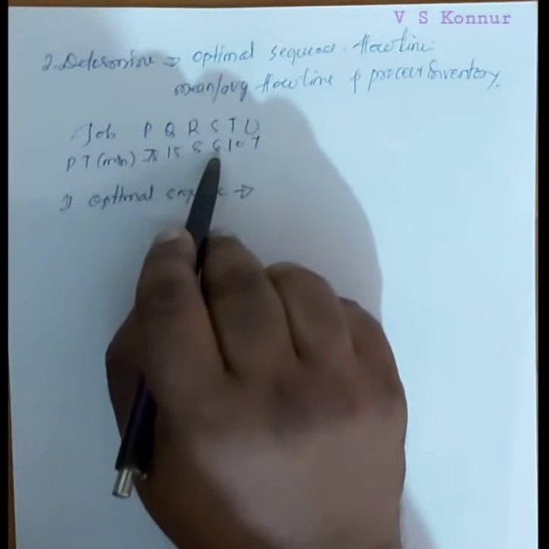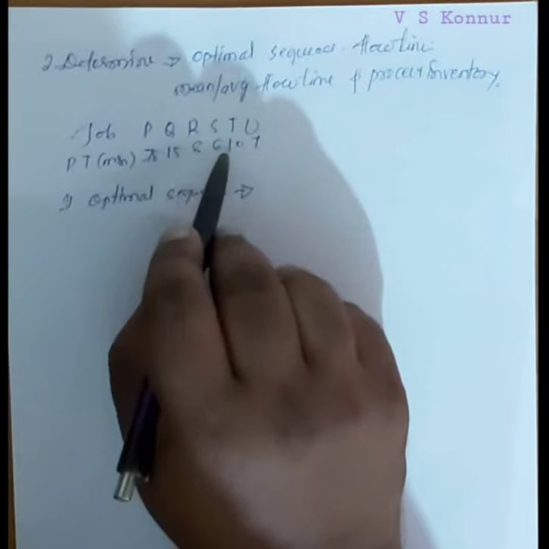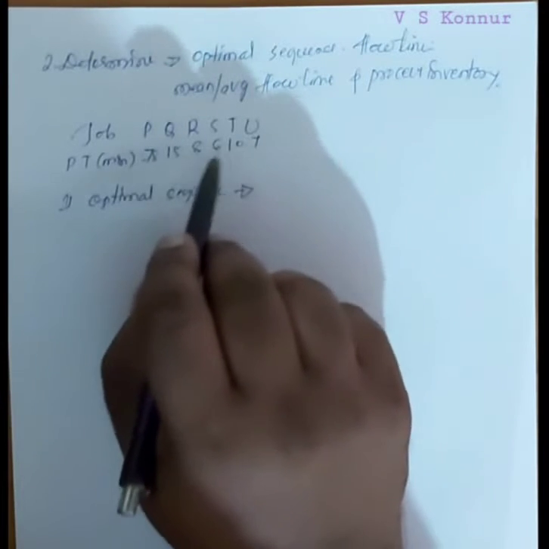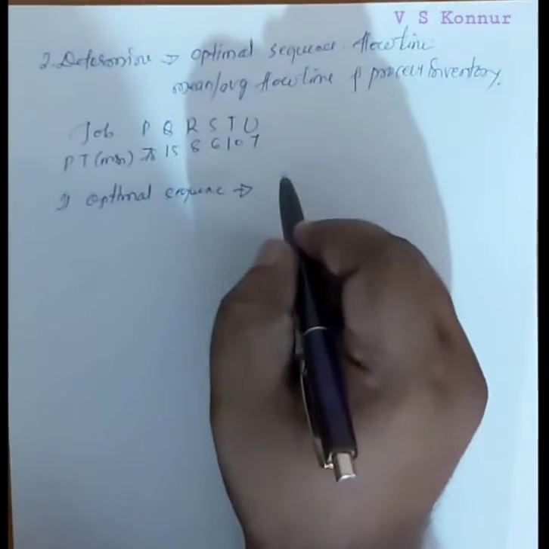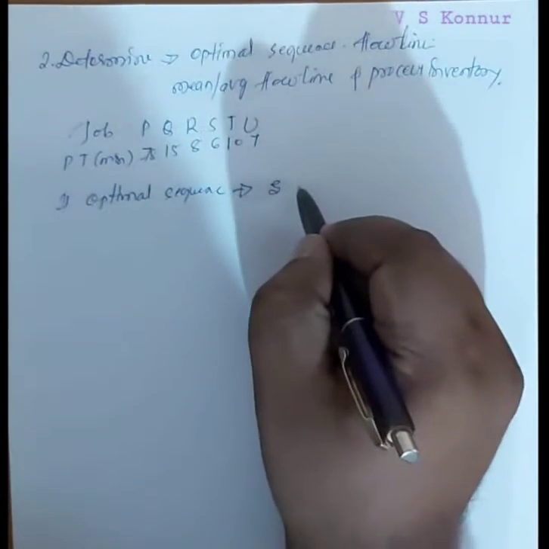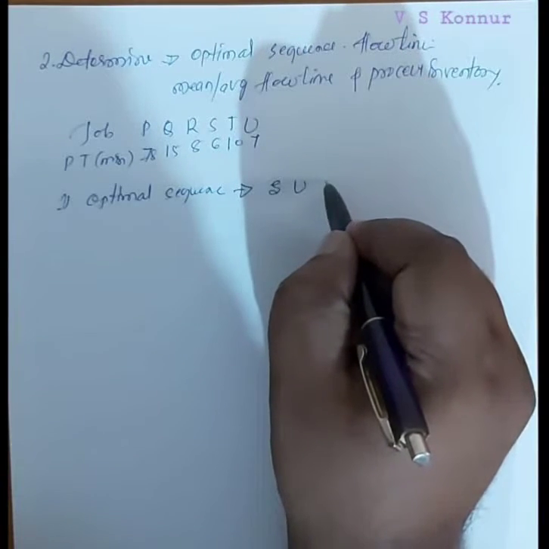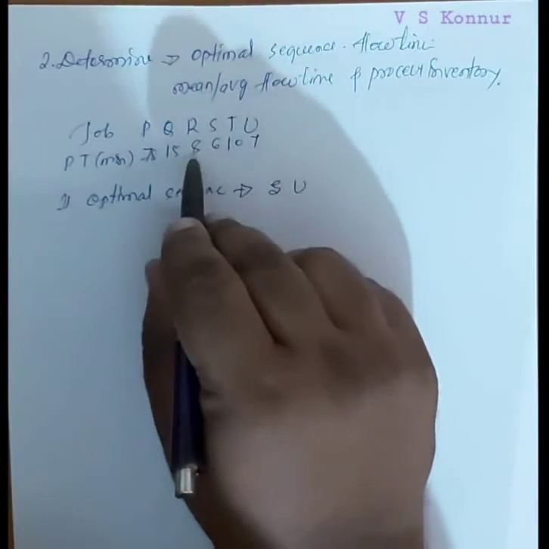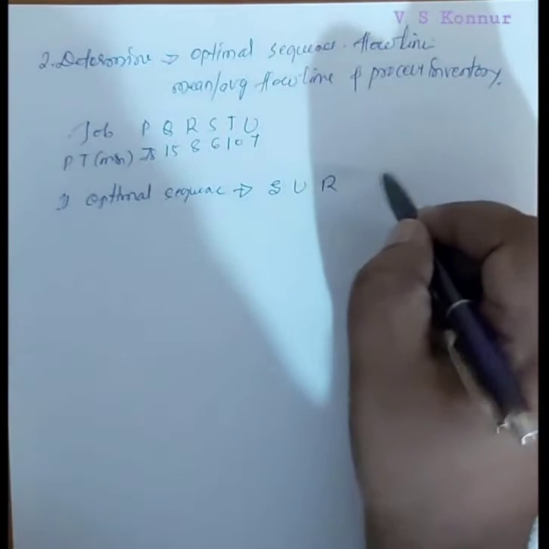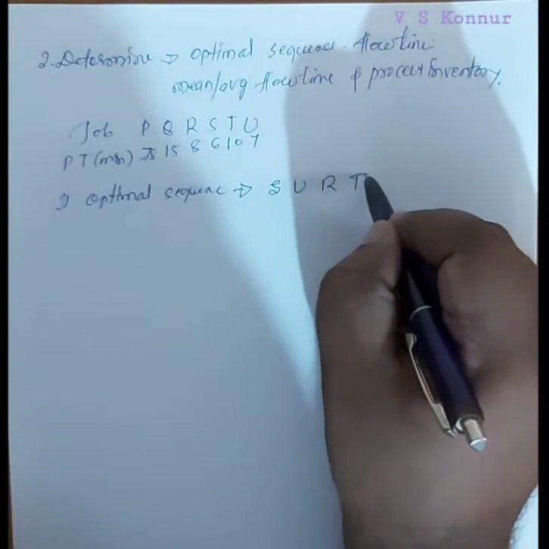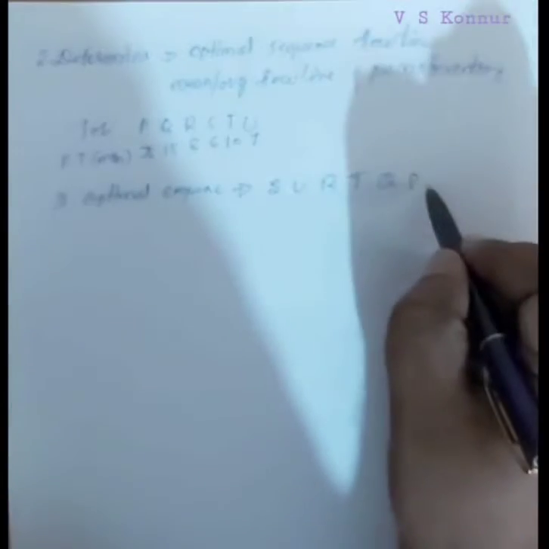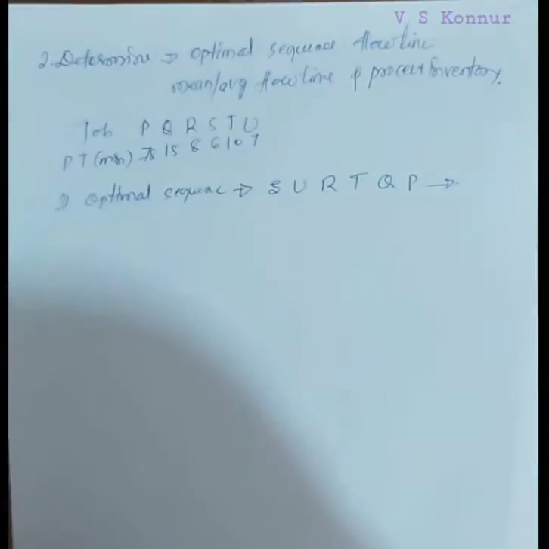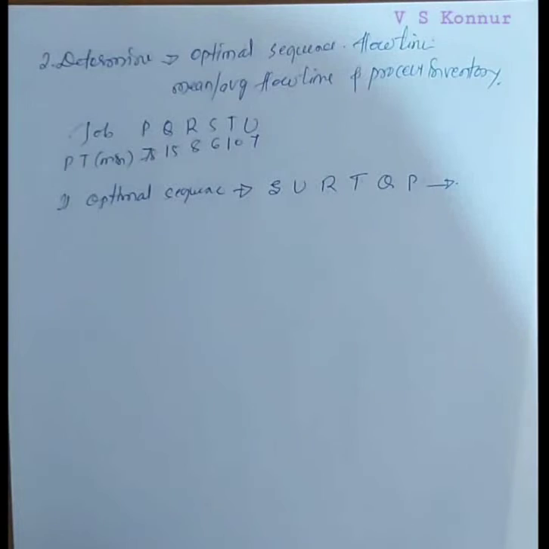The least processing times are 6, 7, 8, 10, 15 and 18. The least is S. Next least is U. Next is R. Next is T. Next Q and P. So SURTQP is the optimal sequence.